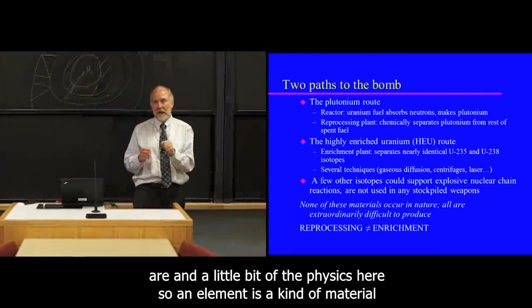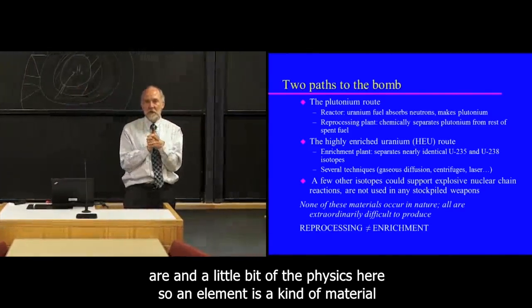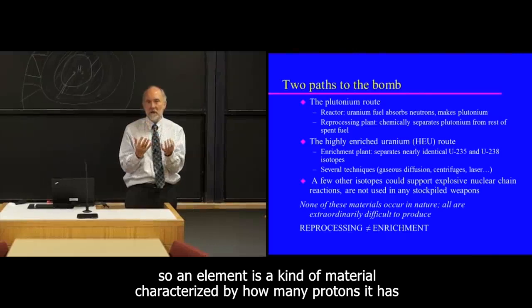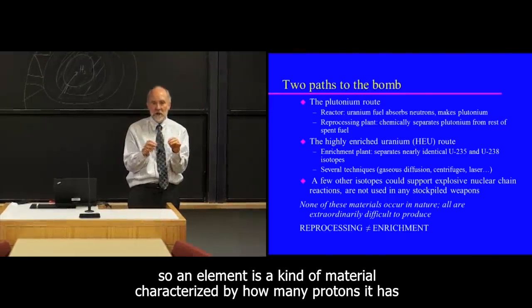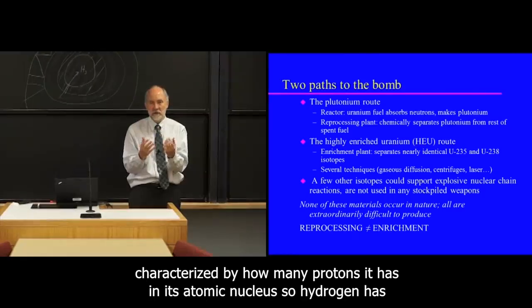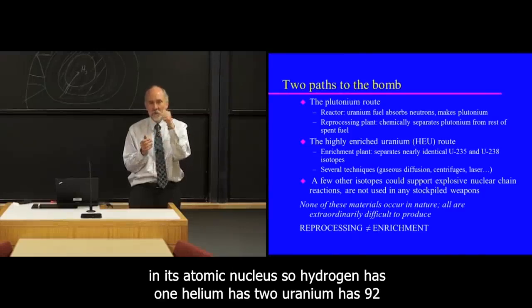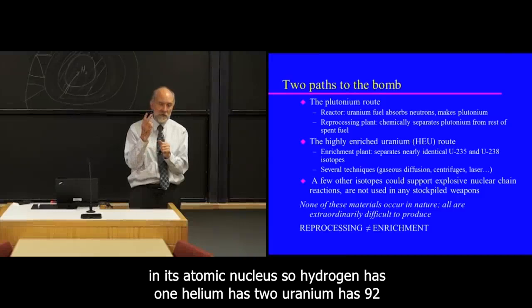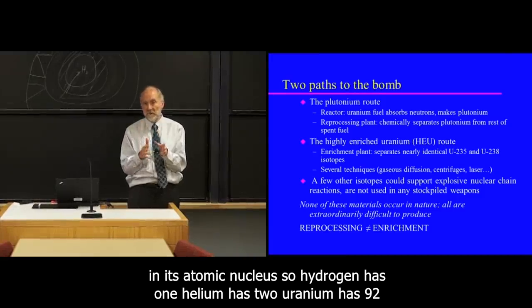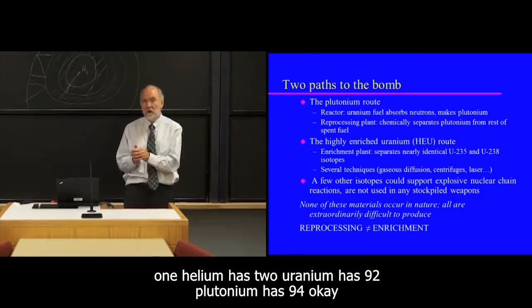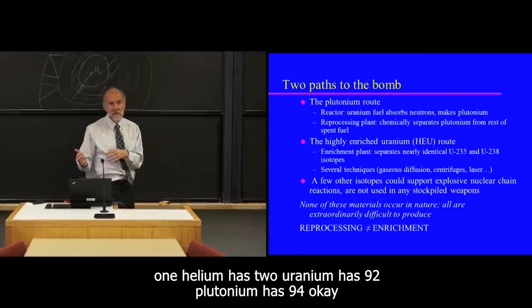So an element is a kind of material characterized by how many protons it has in its atomic nucleus. So hydrogen has 1, helium has 2, uranium has 92, plutonium has 94.